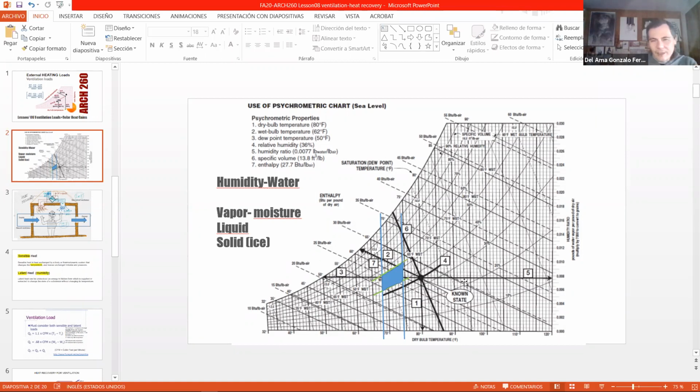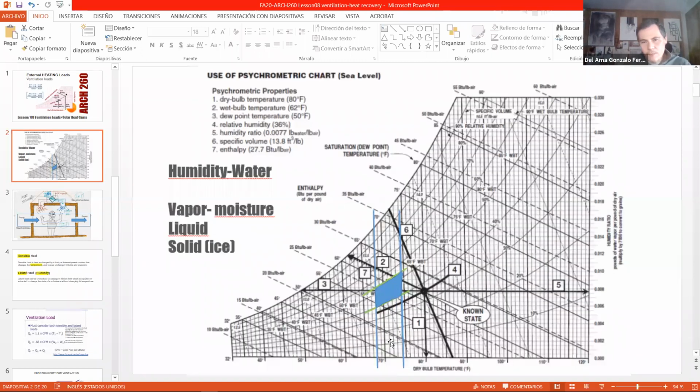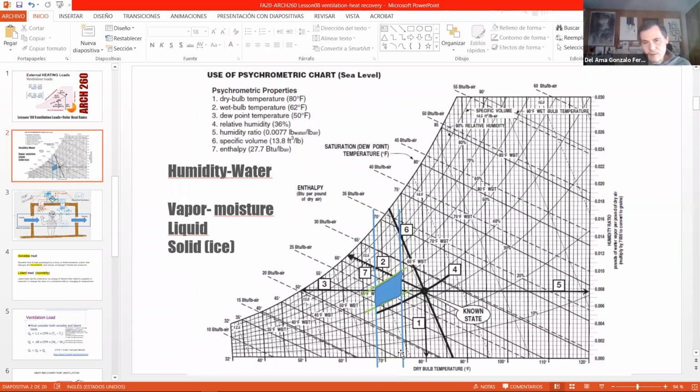At the end, comfort is a question of combining temperature and humidity, and there are very narrow limits in which we feel comfort. We feel comfort between 68 and 74 Fahrenheit, and between 40% and 55% relative humidity.